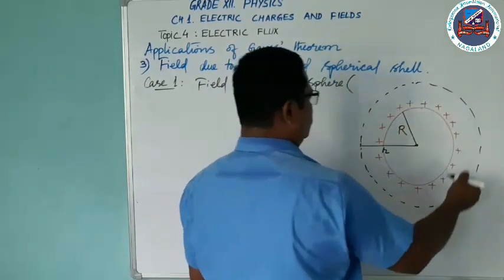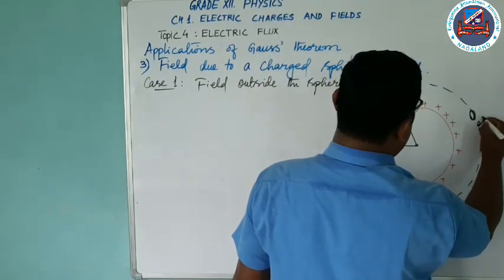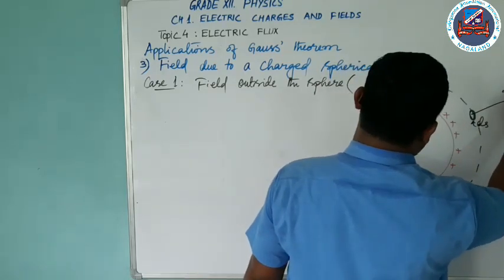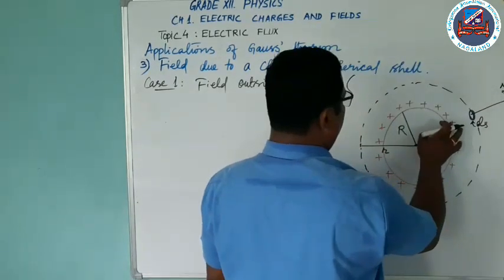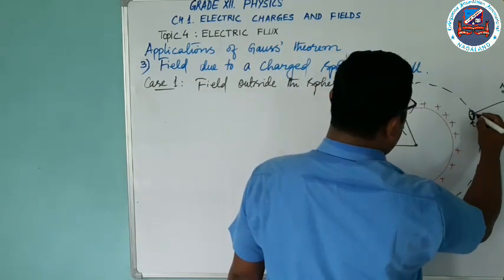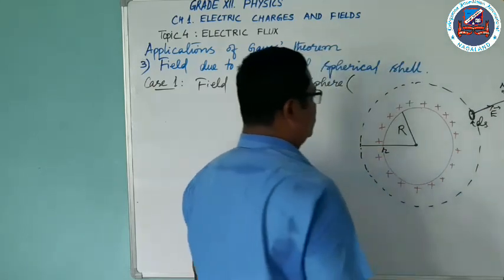Now on this Gaussian surface, if you select an area element here on the surface, ds, then the area vector will be pointing in this direction. And the electric field line, we know that it goes away from positive to infinity. It goes radially. So the area vector also, the electric field also will point in the same direction.